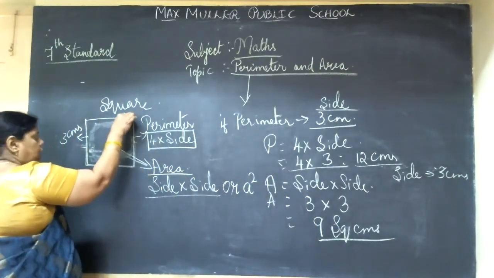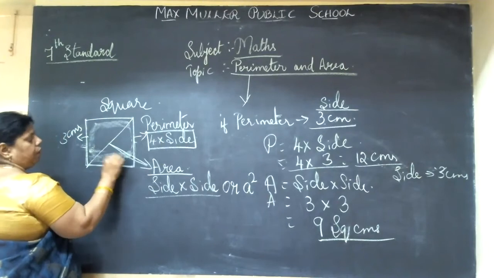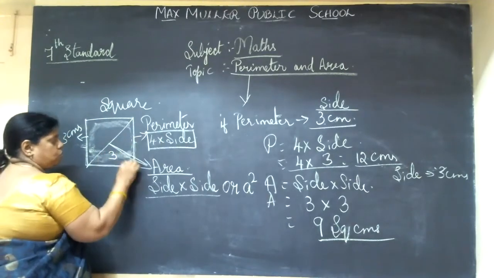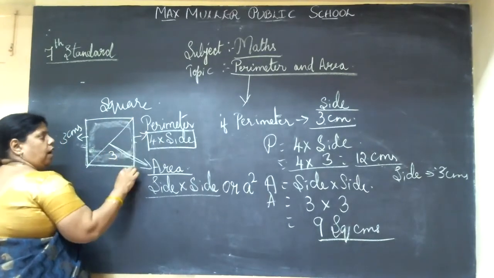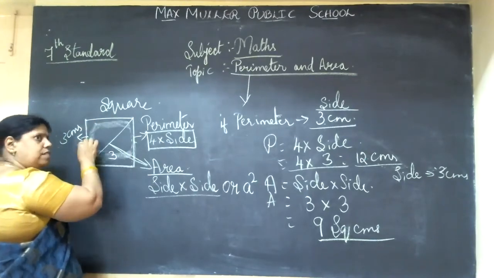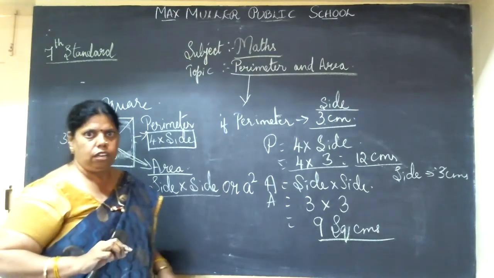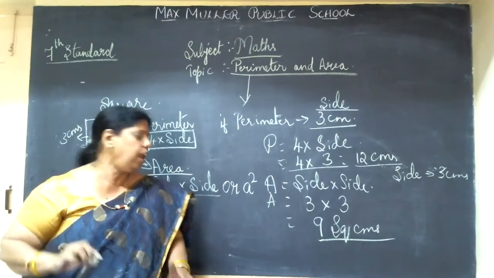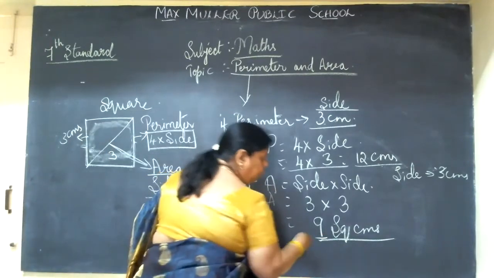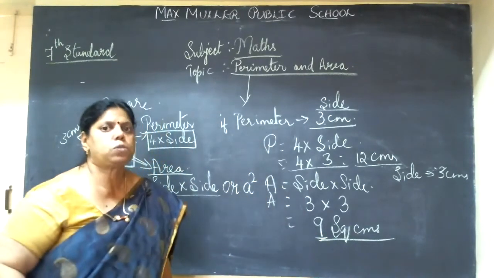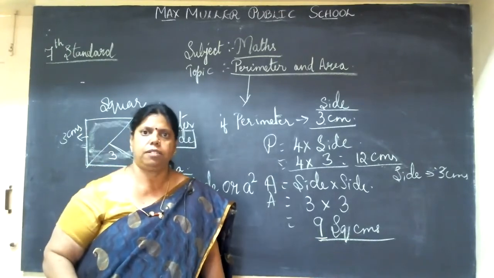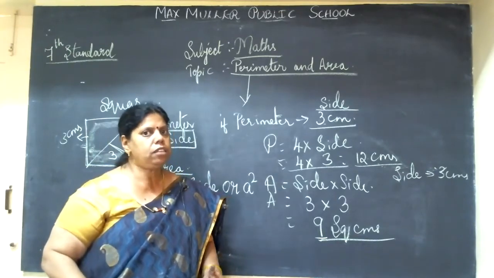Because we have taken 2 sides, and another 2 sides means you get the square. A number twice, so we denote it as 9 square centimeters. Did you understand this much?